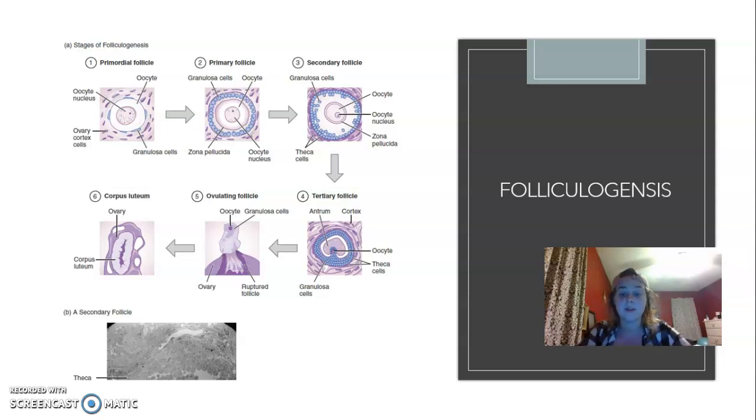Also within this growing secondary follicle, the primary oocyte is now secreting a thin acellular membrane, as well as a thick fluid called follicular fluid that starts to form between the granulosa cells and collects into one large pool, also known as the antrum. And then follicles where the antrum has become large and fully formed are known as the tertiary follicles.